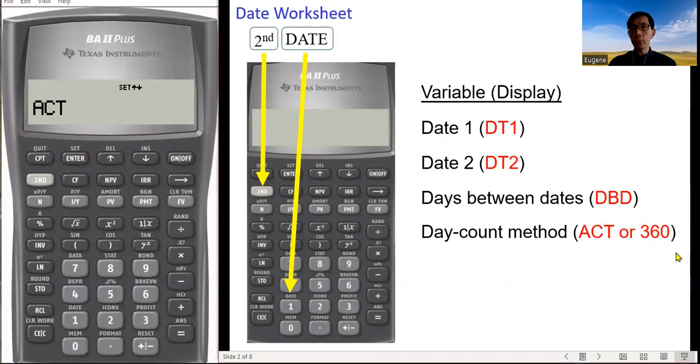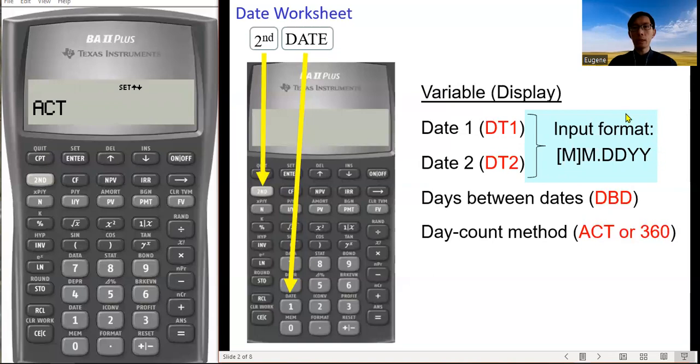Let's take a look at the input of date 1 and date 2. The input format is the month, then the decimal, the 2 digits for the day, and the last 2 digits for the year. This input format corresponds to the US format.